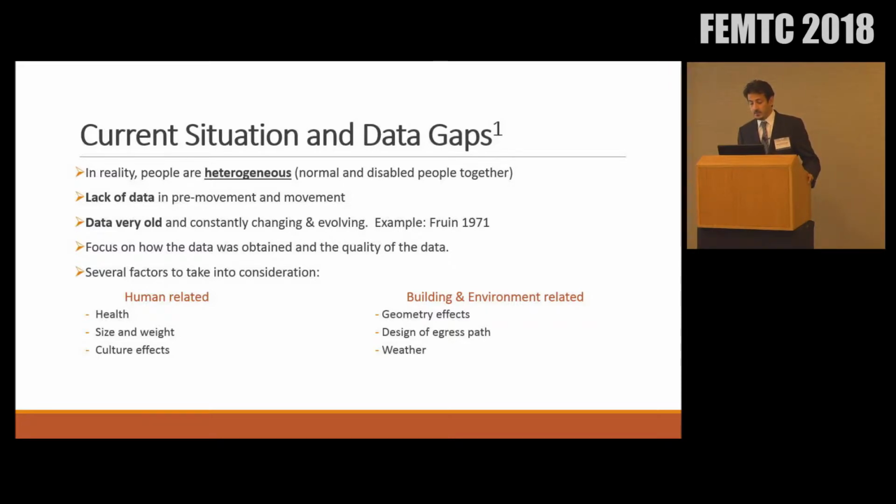For the building and environment, geometry plays a major role, as do the design of the egress path and the weather. For example, in Saudi Arabia, we're either 50 centigrade hot in summer or 0 in winter, while here in DC, I've lived here for 2 years, you see all seasons. It's hot in the summer and freezing cold in the winter.